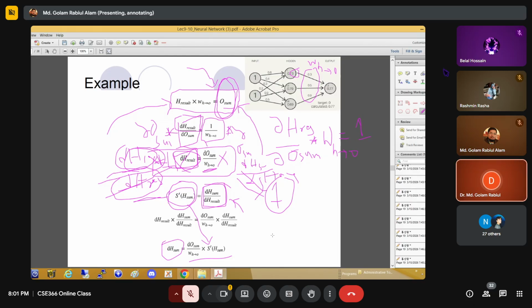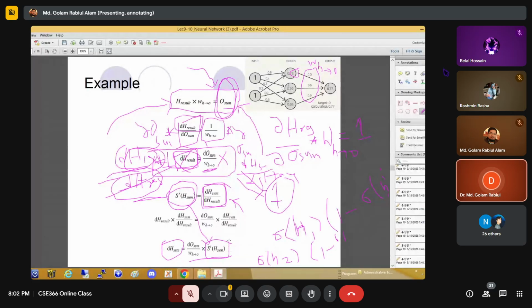So the derivative of the sigmoid of the hidden sum will be sigmoid of h1 times 1 minus sigmoid of h1. Similarly, sigmoid of h2 times 1 minus sigmoid of h2. Okay, so this is how we can compute the derivative of the sigmoid of the hidden sum.